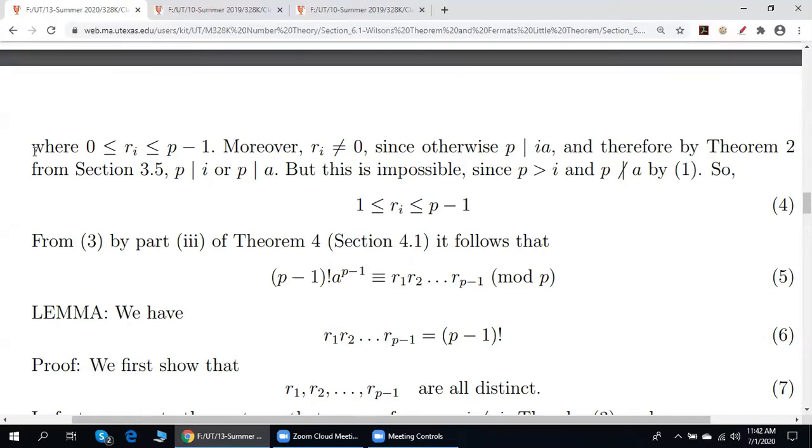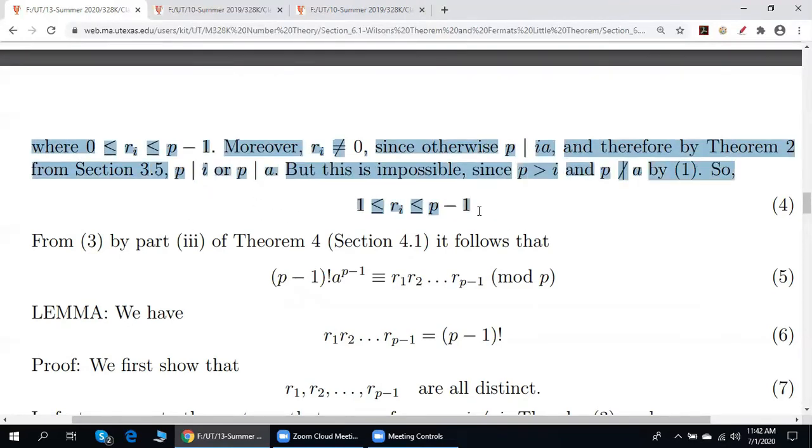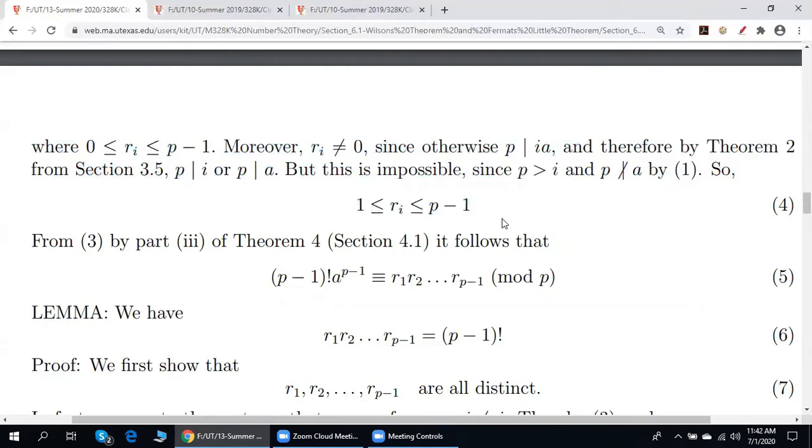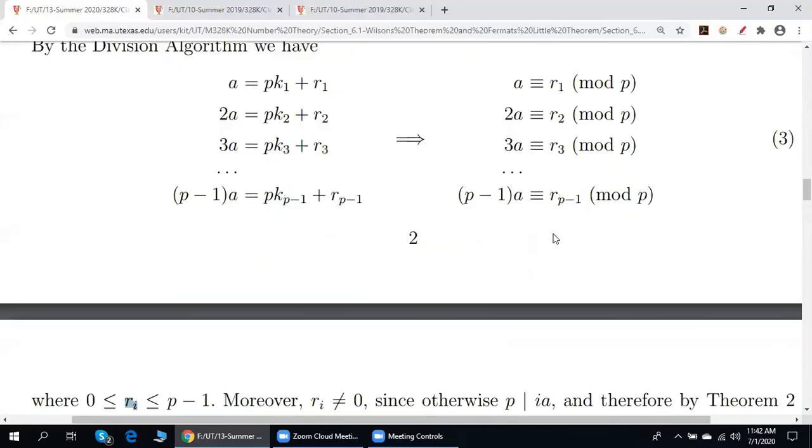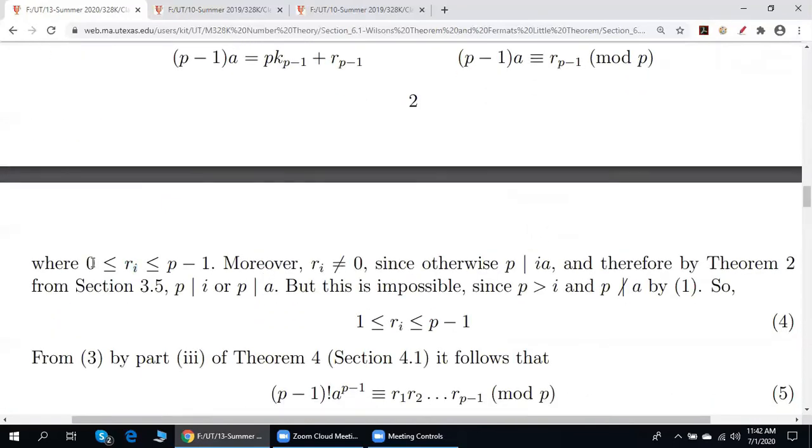Please take a look first at what is written here. Observation number 1. All these Ri's, R1, R2, R3, and so on, are between 0 and P minus 1. Folks, who can tell me why Ri is between 0 and P minus 1?